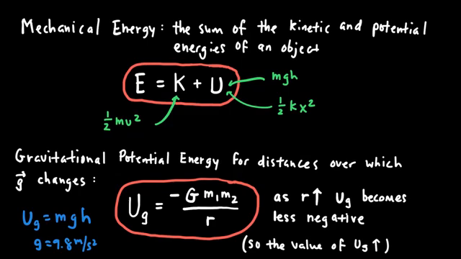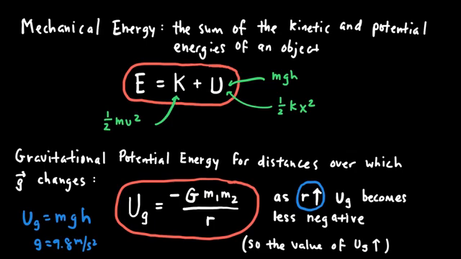And the reverse of that is if r increases, so if the separation between two objects increases, then if you look at the equation, r is in the denominator, which would mean that the fraction is becoming smaller. But if it's negative, that means that the value of the gravitational potential energy is becoming less negative.